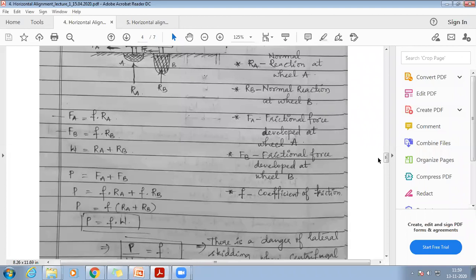In sight distance, you are going to see the obstruction ahead of you, so you brake your vehicle and try to stop it. The vehicle tends to move forward longitudinally, so the friction used there will be longitudinal friction, which is equal to 0.35.